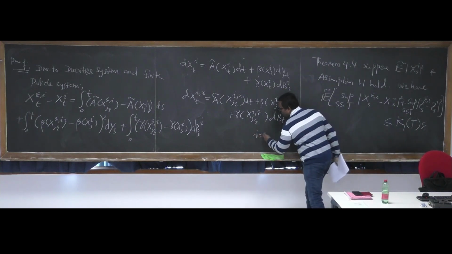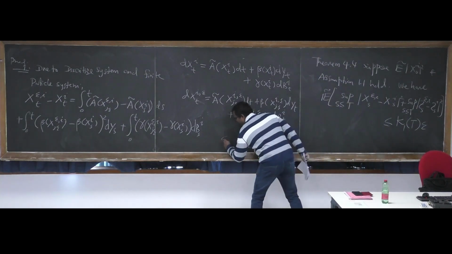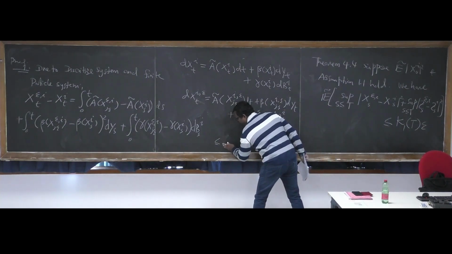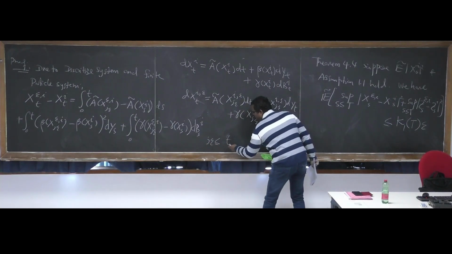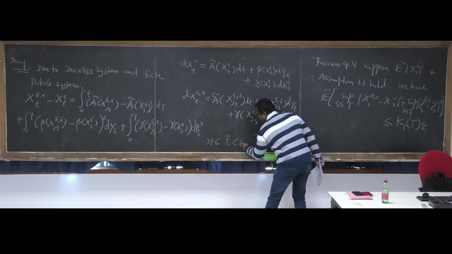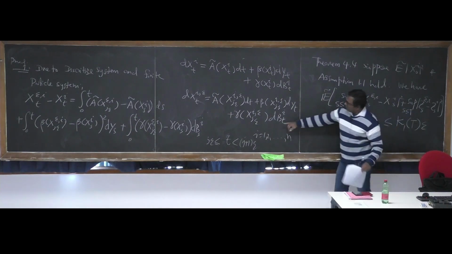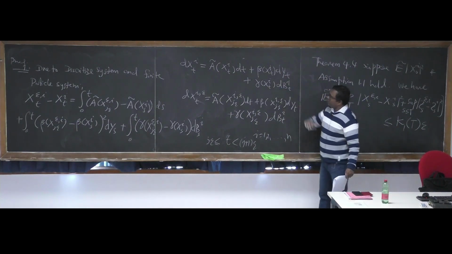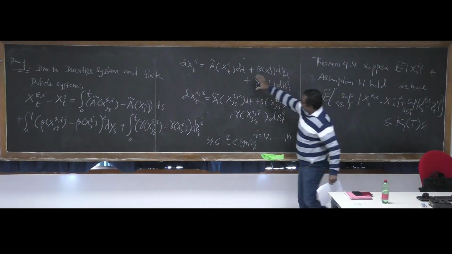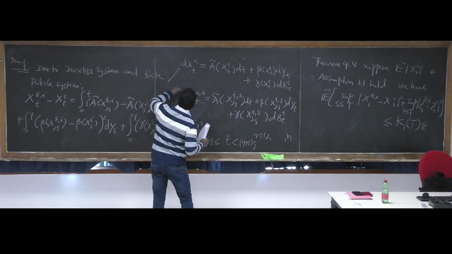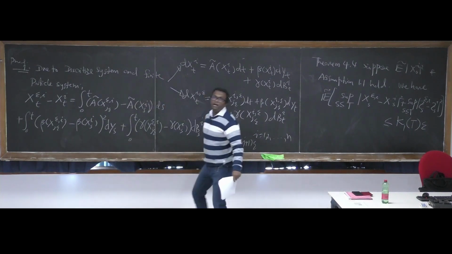Here i runs from 1 to n, and time t is in between j epsilon and (j plus 1) epsilon. So this is the discretized version, and this is the signal process associated with the finite interacting particle system. From these two equations, you can immediately get this result.